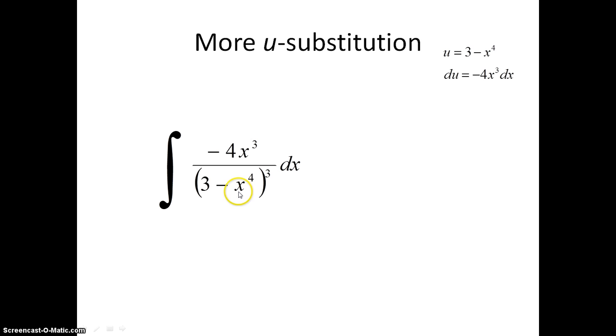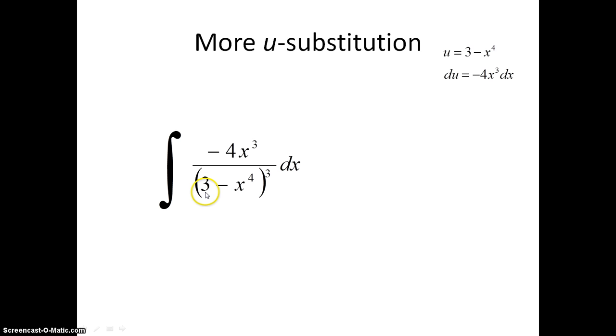What if we have a quotient? Okay, there is no quotient rule for integration. So we have to rewrite things in terms of u-substitution. And it looks like the composition is here in the denominator. We've got this quartic. We're fortunate to have a cubic up top.